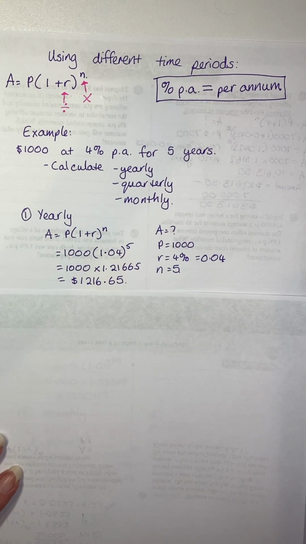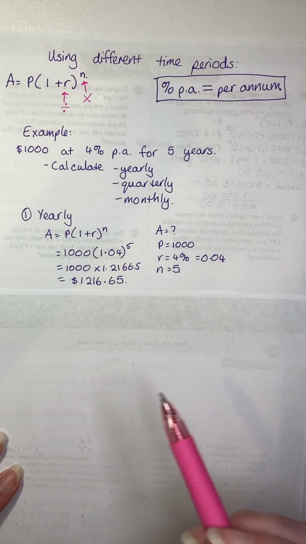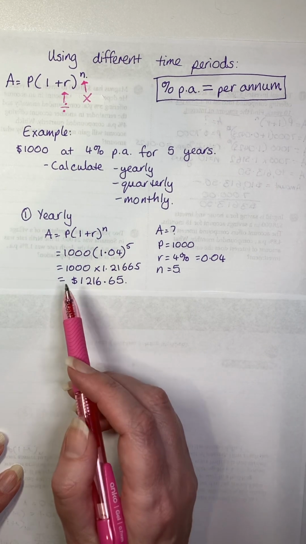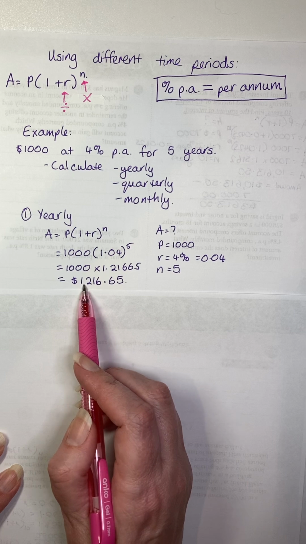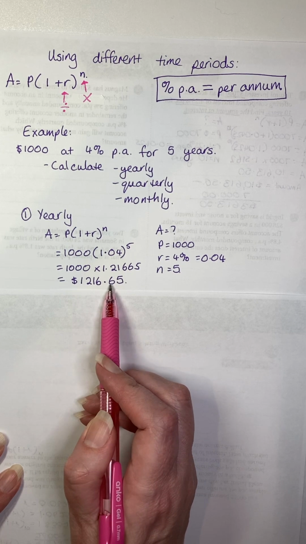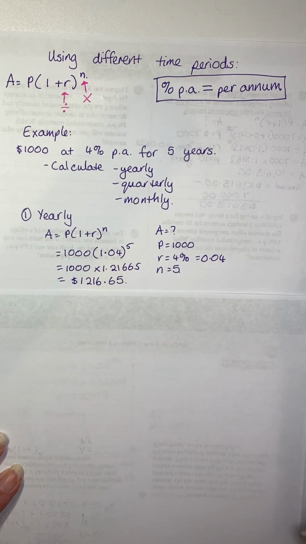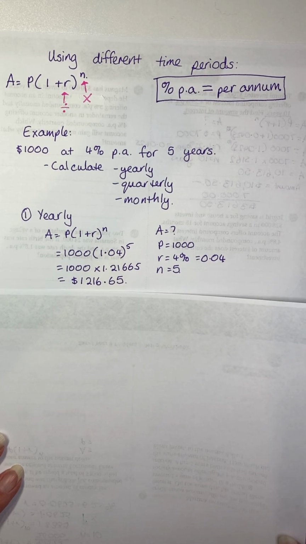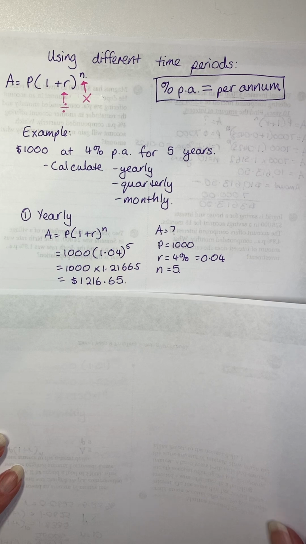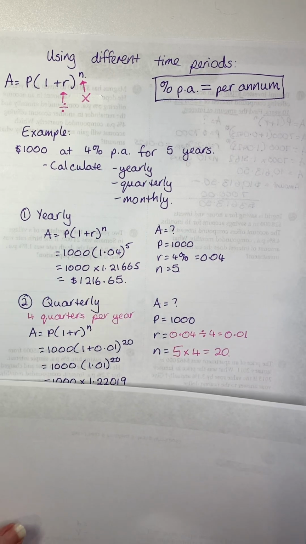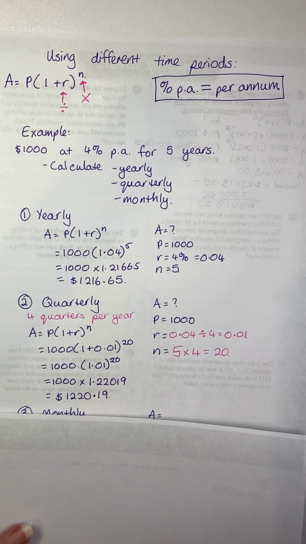We should be really good at this by now. We write everything out, we calculate it, and we find that we've made $216.65 in interest there.